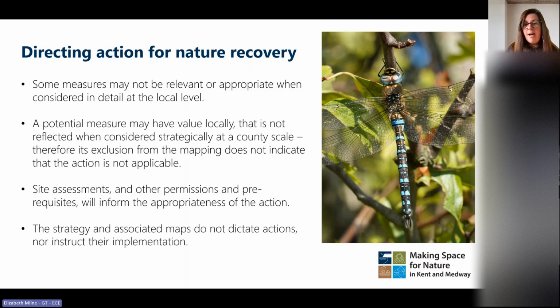But also where it is mapped, that doesn't mean that you are compelled to do it. They are simply there as a guide for how landowners and managers could use or manage the land or approach operations in a way that supports the recovery of nature. So all of this is indicative and is suggested as opposed to dictated.